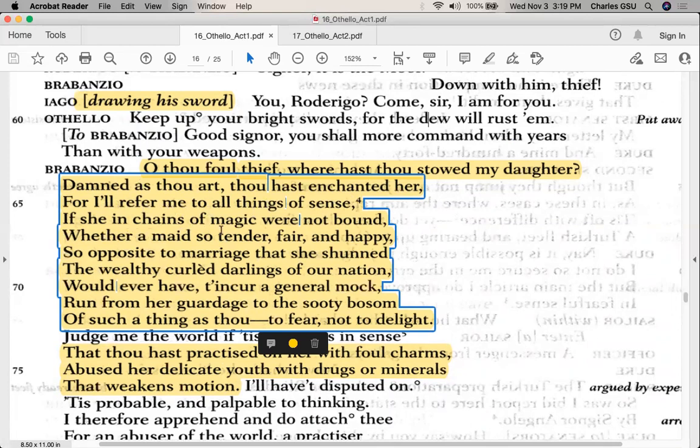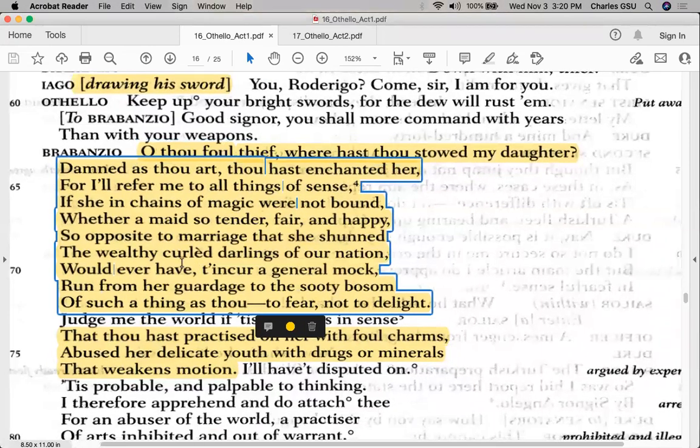"If she in chains of magic were not bound, whether a maid so tender, fair, and happy, so opposite to marriage that she shunned the wealthy curled darlings of our nation," that is, Roderigo, the wealthy curly darlings of our nation, "would ever have to incur a general mock, run from her guardage," meaning him, he's her guardian, "to the sooty bosom of such a thing as thou, to fear, not to delight."